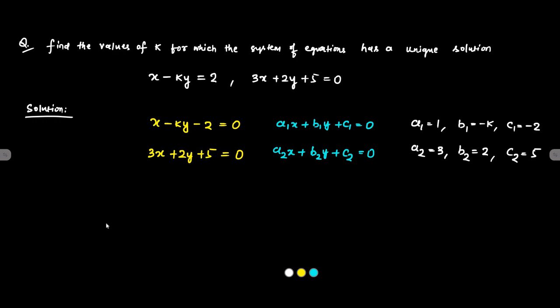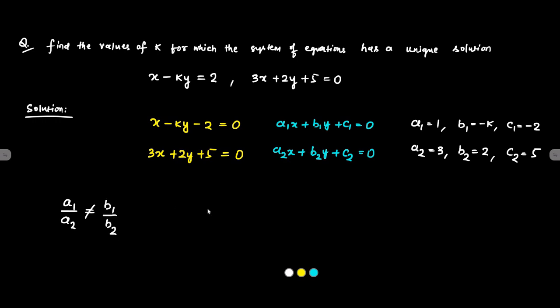Now we have to find the value of k for which the system of equations has a unique solution. For a unique solution, the condition is that a1 by a2 should not be equal to b1 by b2.